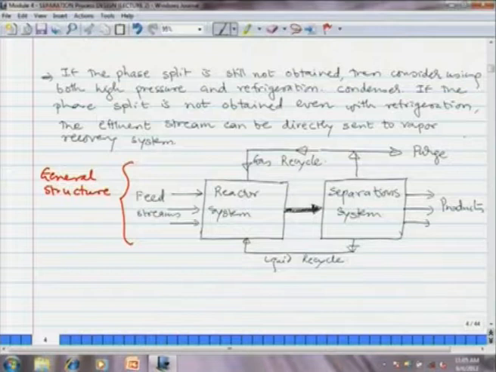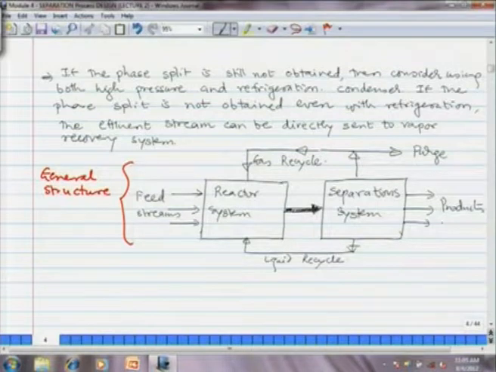So, as you see here on the screen, after vapor recovery you can recycle the gas with a purge stream. So, what you see now is a general structure of the separation system. We have a reactor system taking in the feed streams, then the reactor effluent comes out, it is separated.